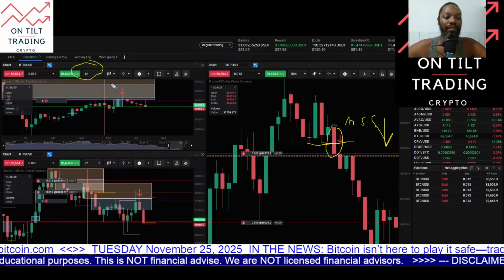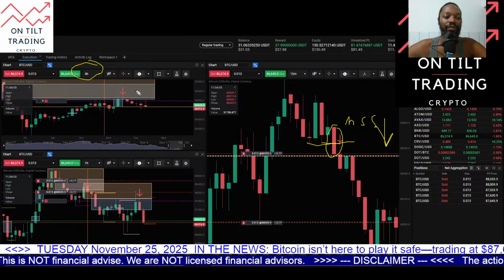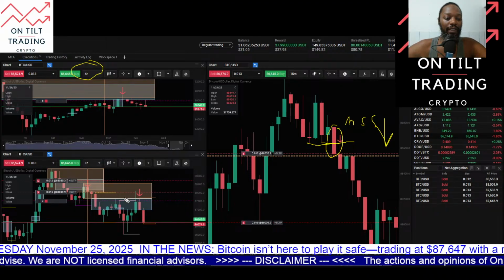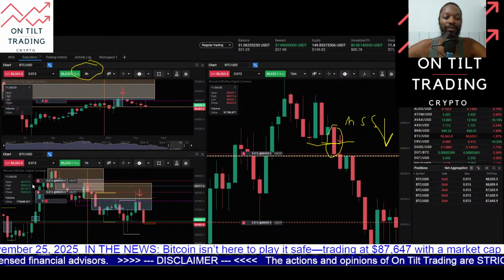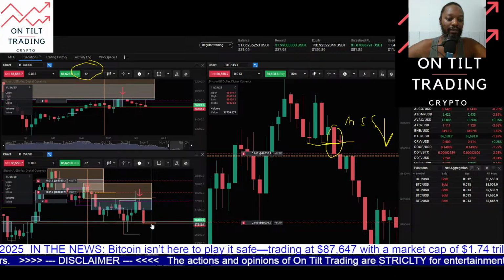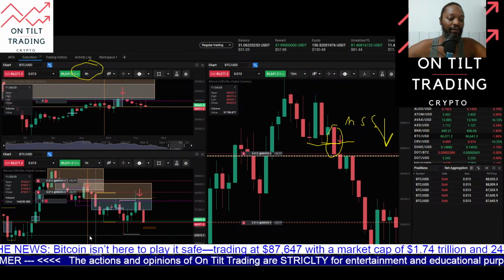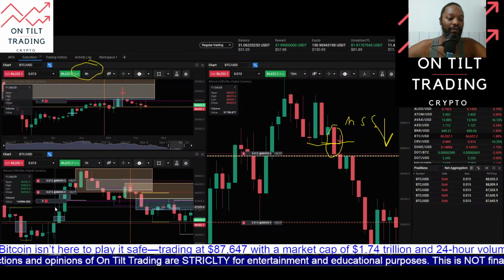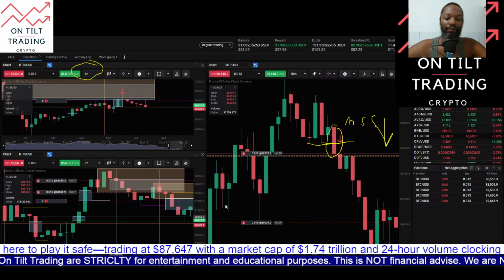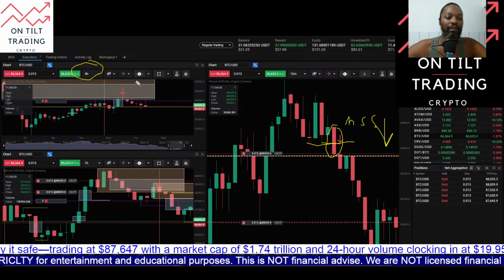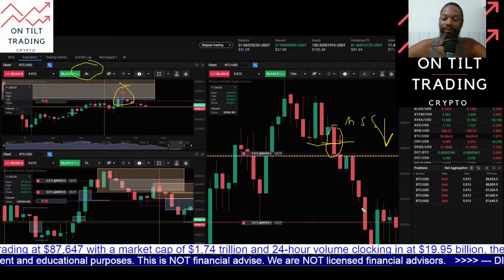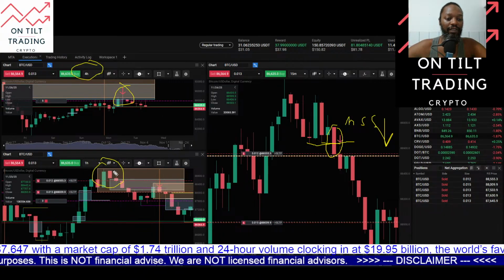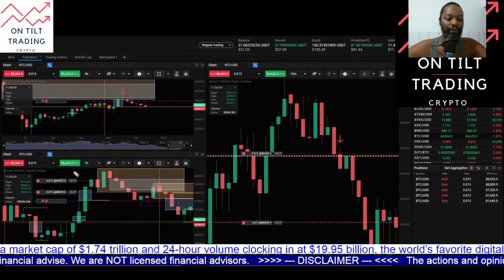The first is trading into this 4-hour order block. The next is actually down here on the 1-hour chart. This area here is equivalent to this area here on the 1-hour chart.